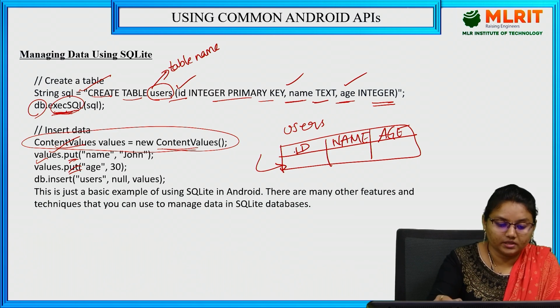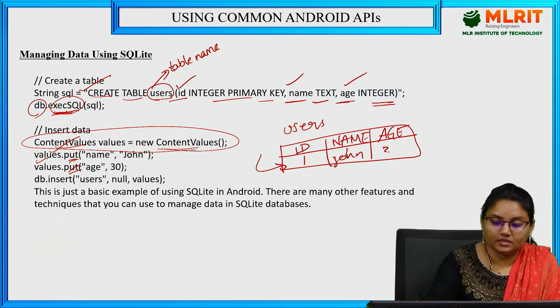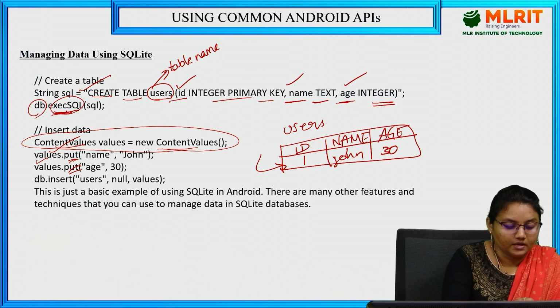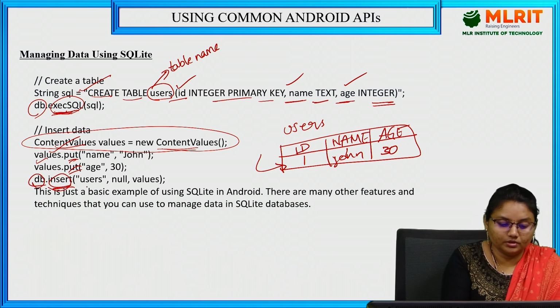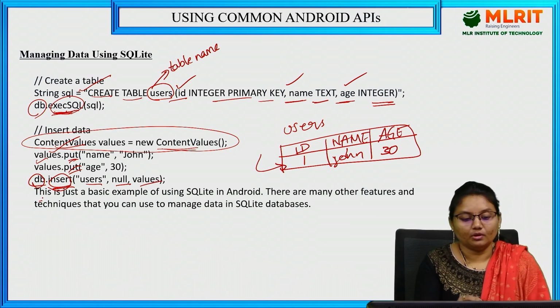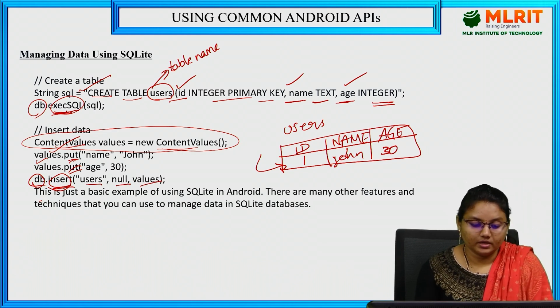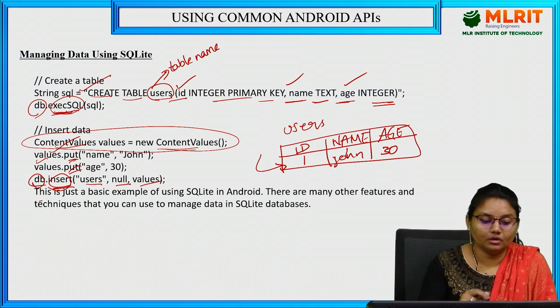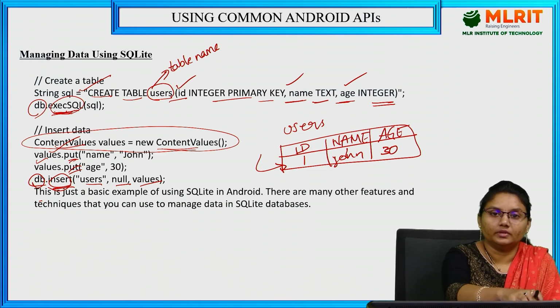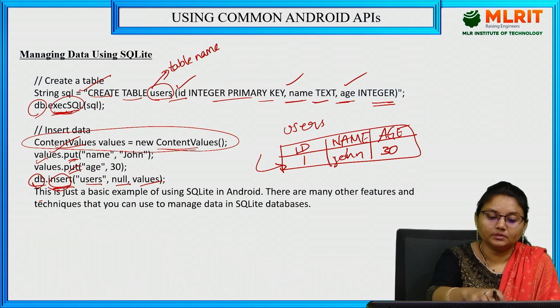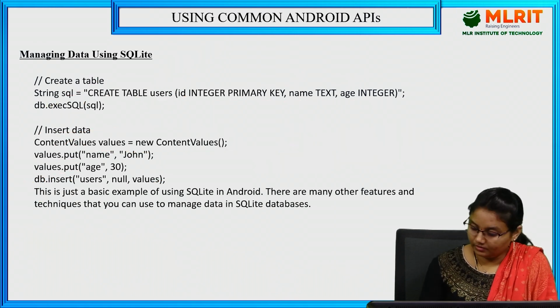So here, name John, age 30. That's the content you are putting. Putting means writing. Then db.insert; the insert method is used to insert the values into users. This is just a basic example of SQLite in Android, and there are many other features also. So basically we covered how to create a database and how to create a table. This is the basic code that you have to write.